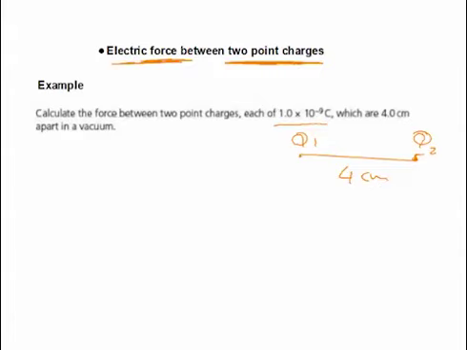So we will use the formula F equals K Q1 Q2 over R square.